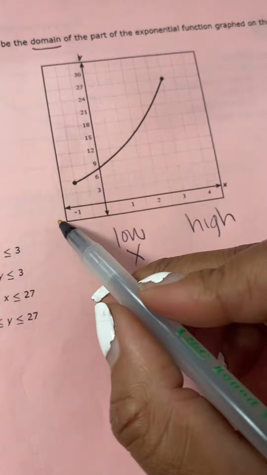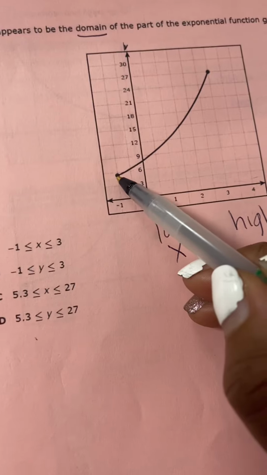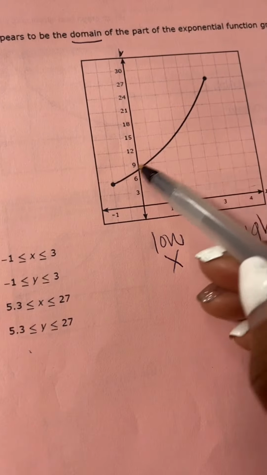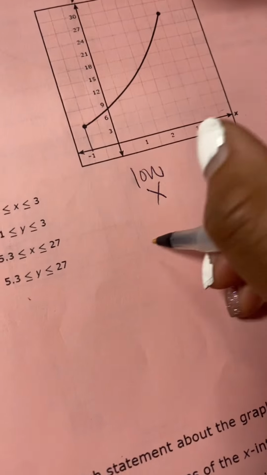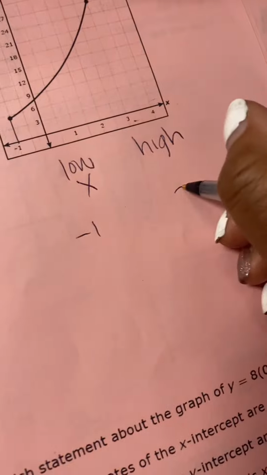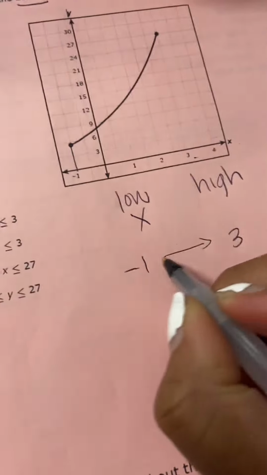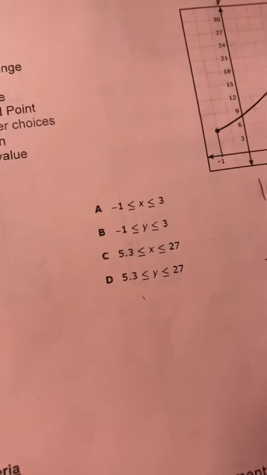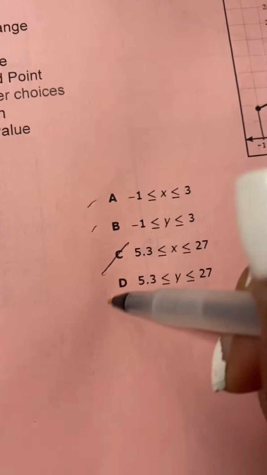So make sure you're looking at the right axis. Which value is your lowest x along the curve? Well, it's this one, -1, right? Your highest is at 3, okay? So your domain is anywhere between -1 and 3. That looks like these two, right? Can't be C, it can't be D.